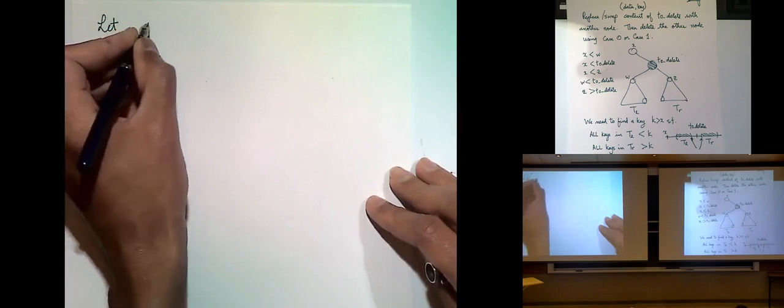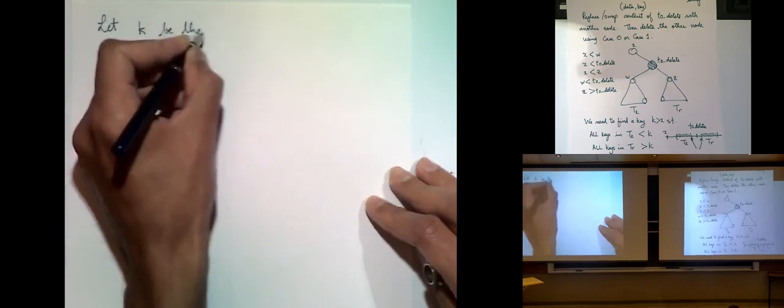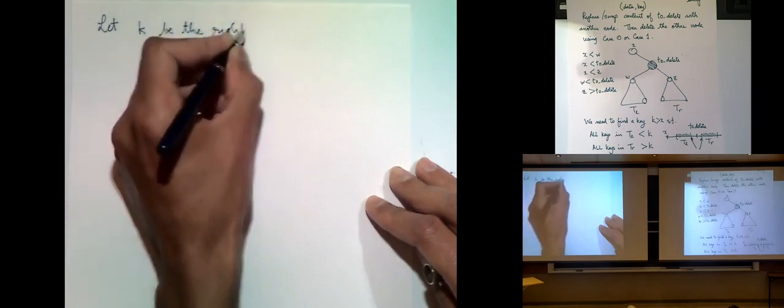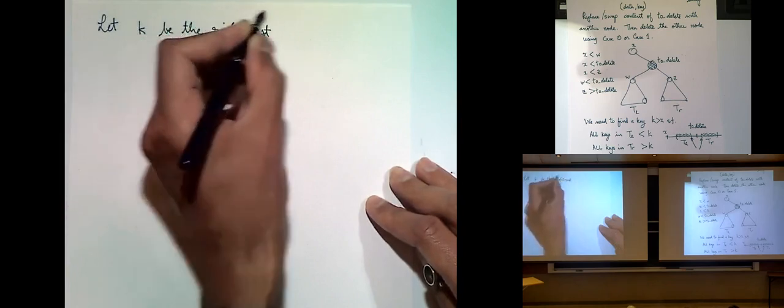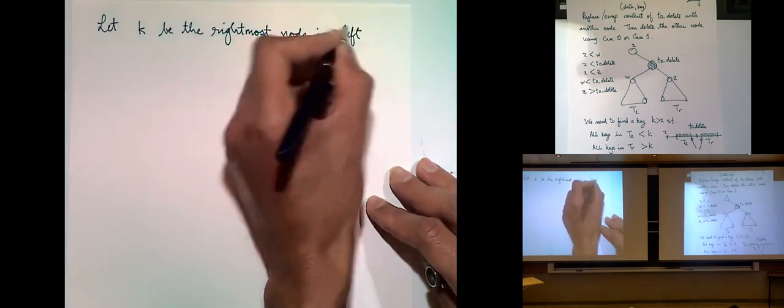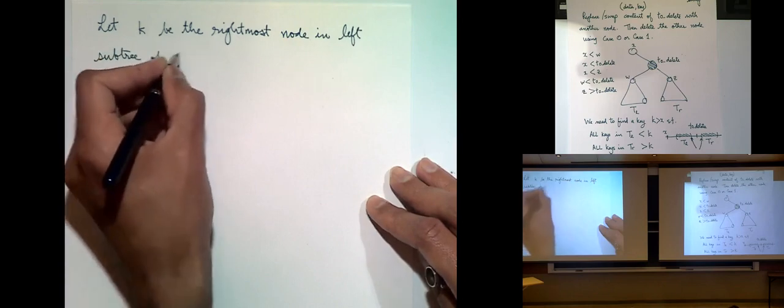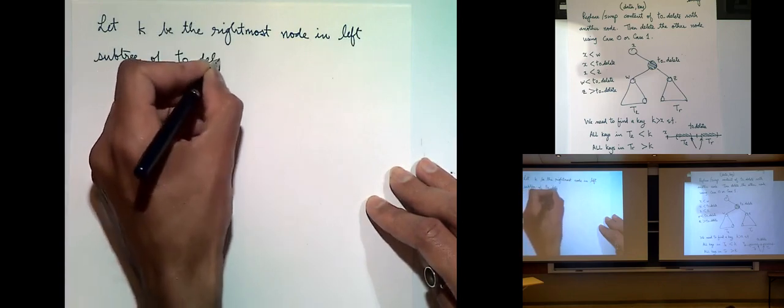I'll just say, let K be the rightmost node in the left subtree of 2delete.